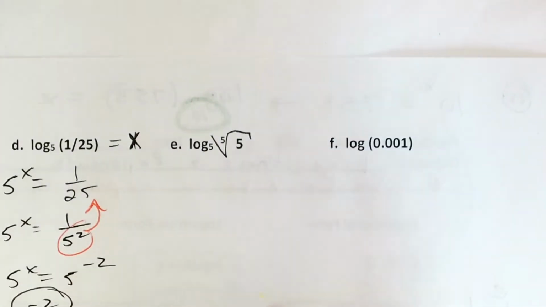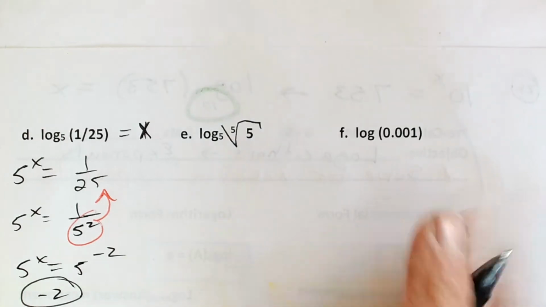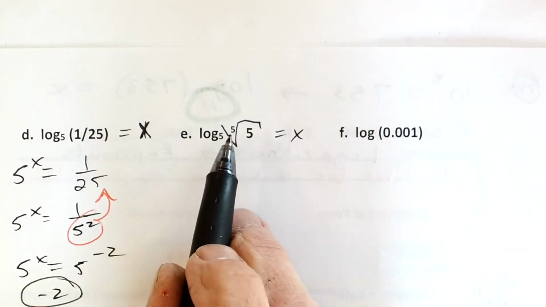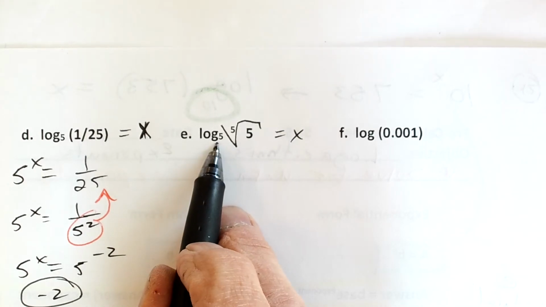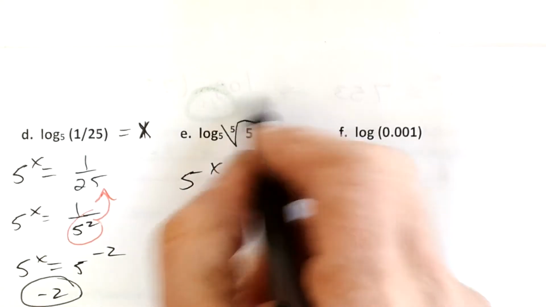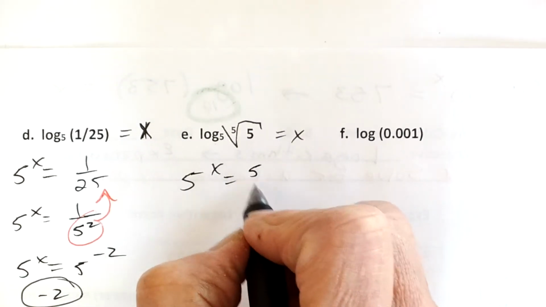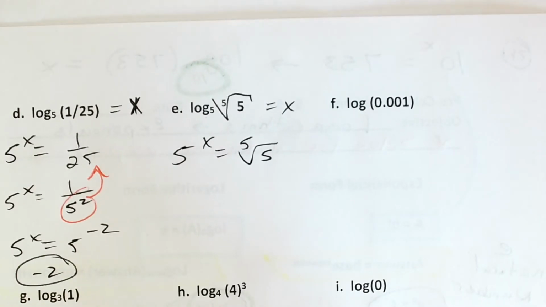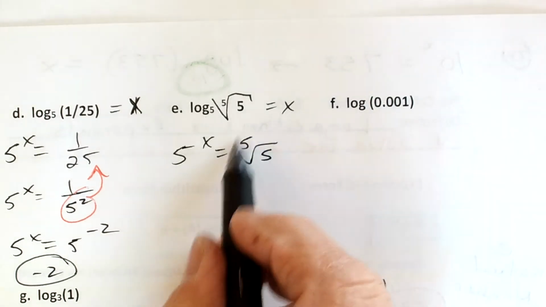Awesome. Okay. Well, let's set it equal to x. I'm going to go 5. That's my base. 5 to the x equals the 5th root of 5. I can write this as an exponent.